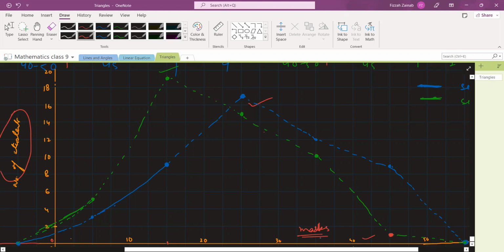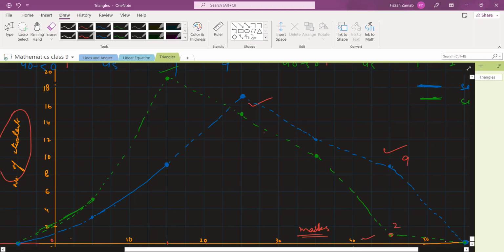But in section A, the frequency is how much? I think 9. So 9 students have got marks between 40 to 50. That means as the marks are getting higher, in section A more students are getting it. Between 40 to 50, section A has 9 students, section B only 2 students, right?